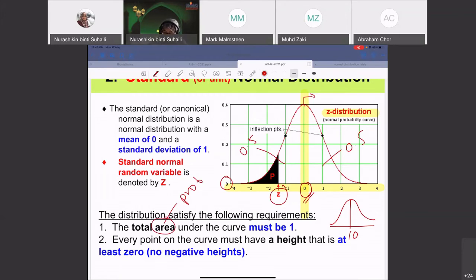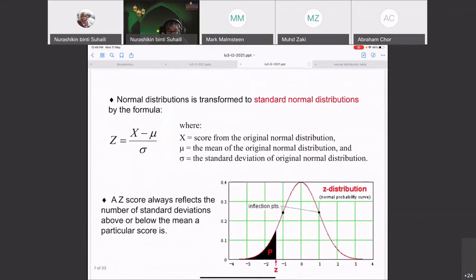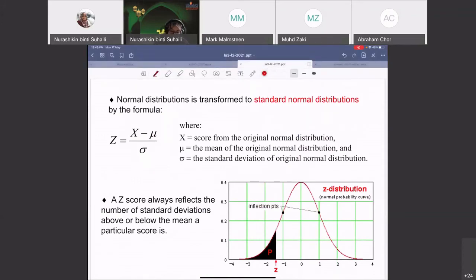Right, so this is the formula that is used to transform any values into Z values. This X value is the original data that you have, from any normal distribution. The thing is, when we use the Z distribution, we want to find the area under the curve.